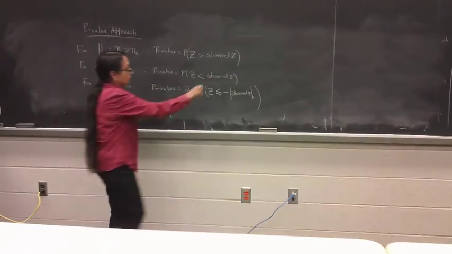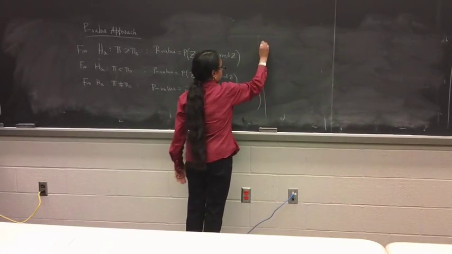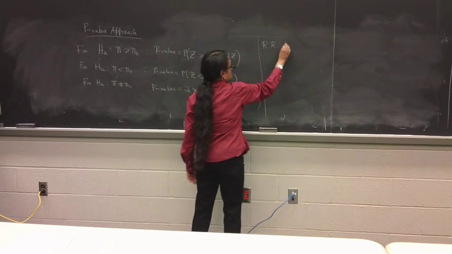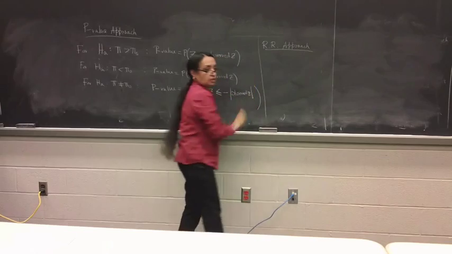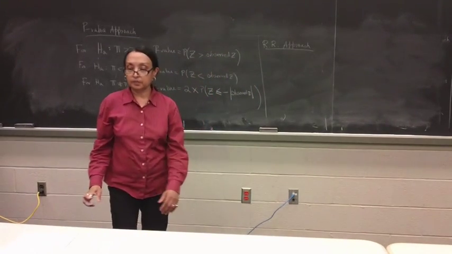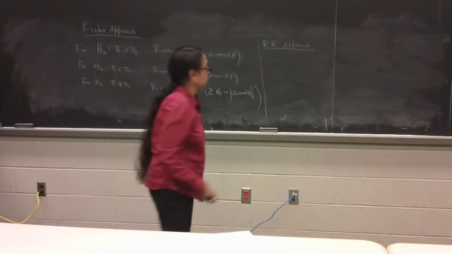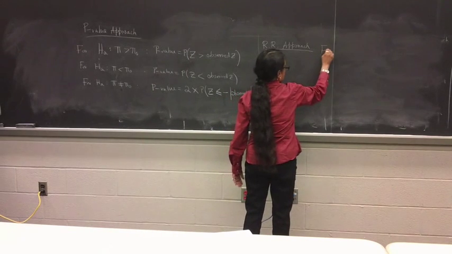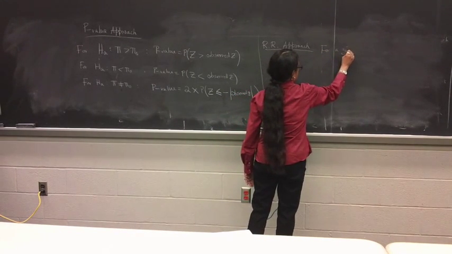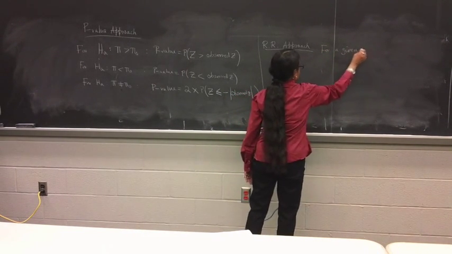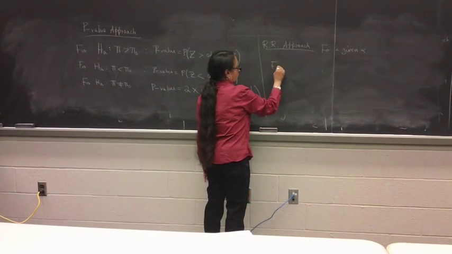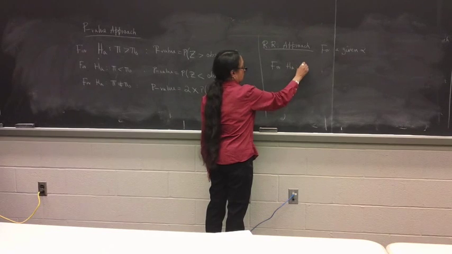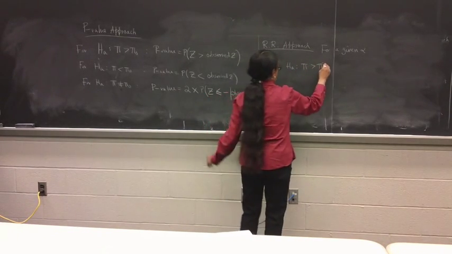Now the rejection region approach. First you calculate the rejection region for a given alpha. Calculate the rejection region for HA, again pi greater than pi naught.